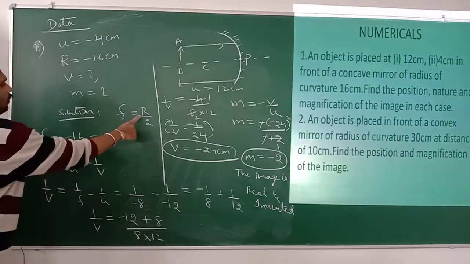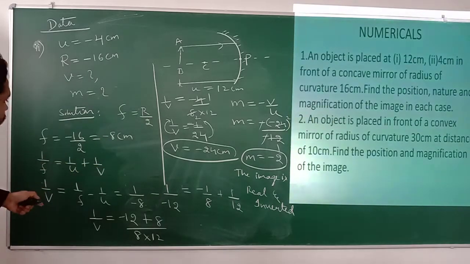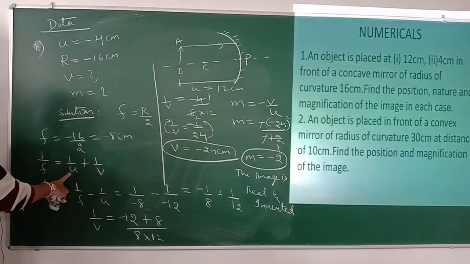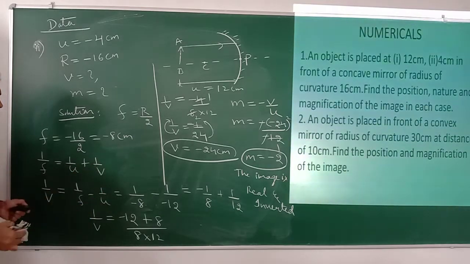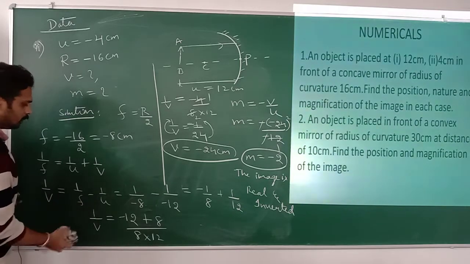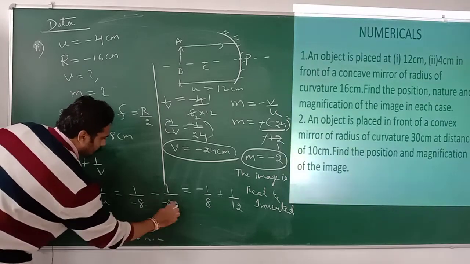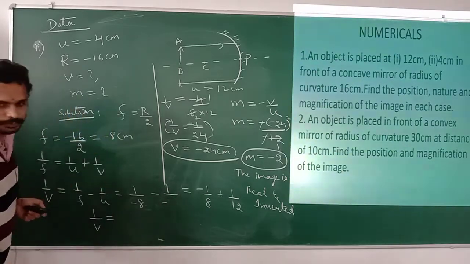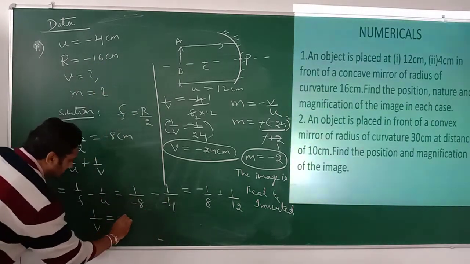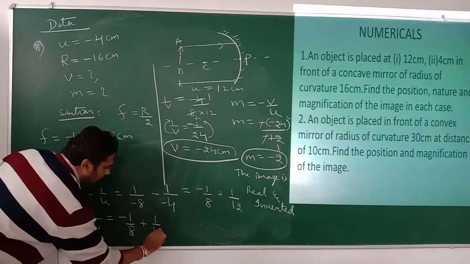Now once again F is equal to R by 2, F is the same, minus 8 centimeter, the same formula. 1 by F is equal to 1 by U plus 1 by V. U is the object distance, V is the image distance. 1 by V is equal to 1 by F minus 1 by U. In the place of 12 I am using minus 4. You take the minus sign, minus 1 by 8 minus minus, plus 1 by 4.